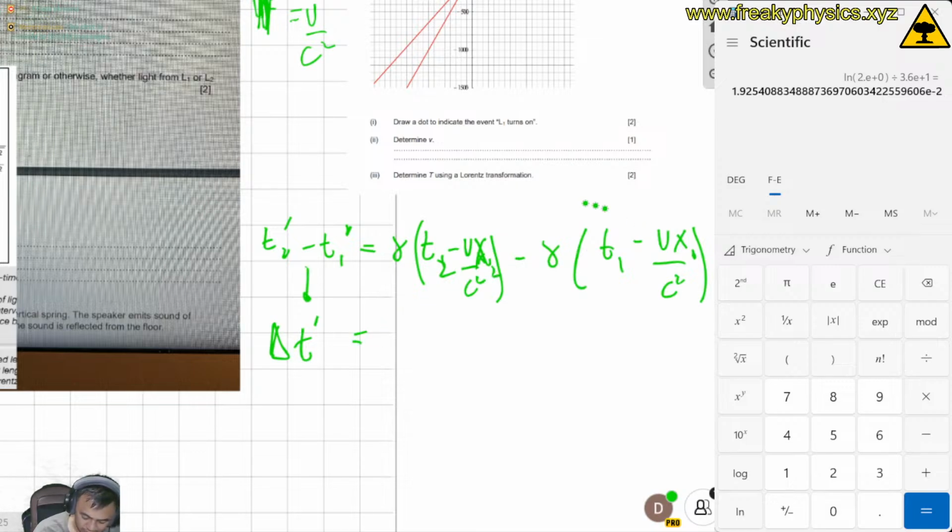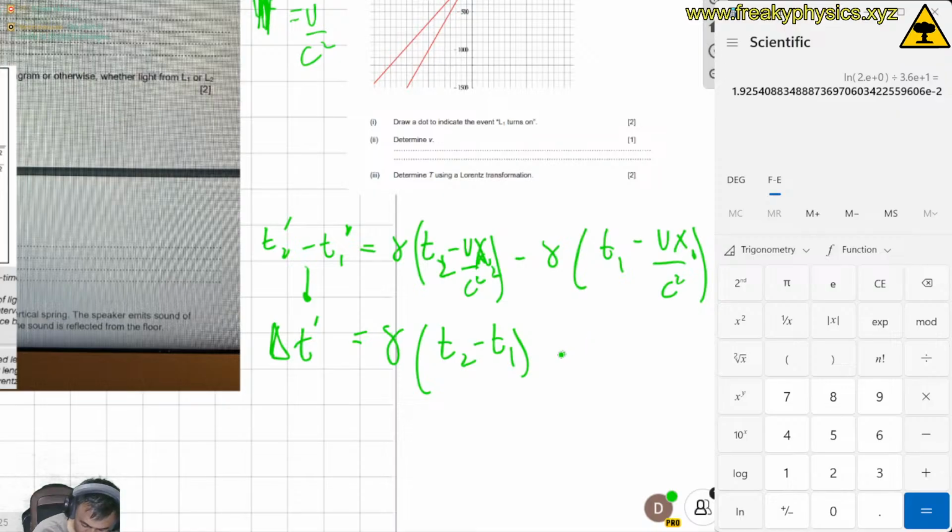Now what can we do here? We can put the gamma in and then solve individually. If we put the gamma in, we get t2 minus t1 from these parts.